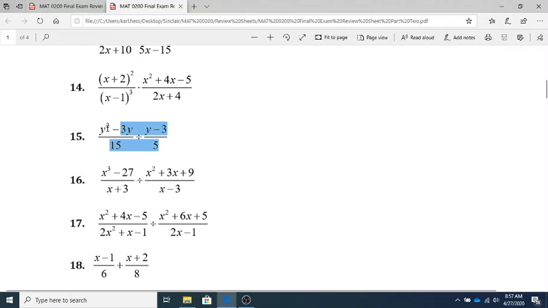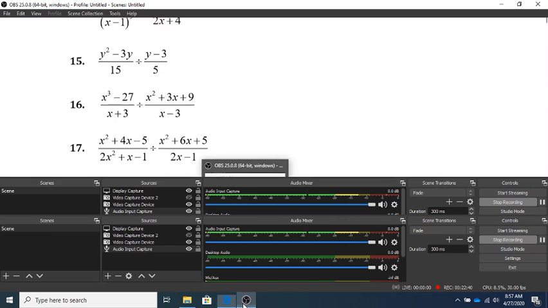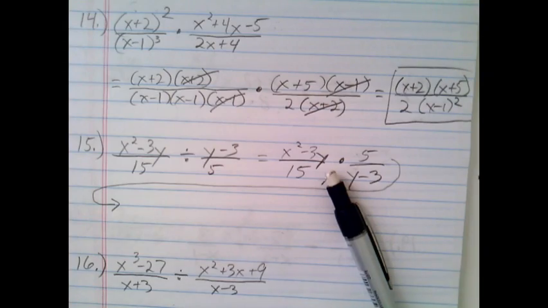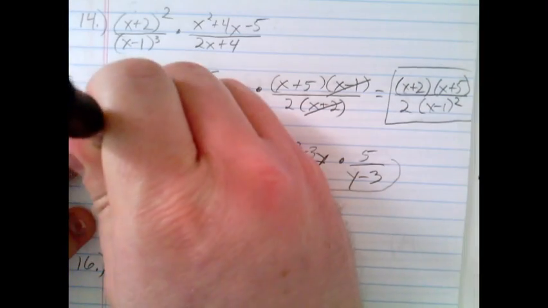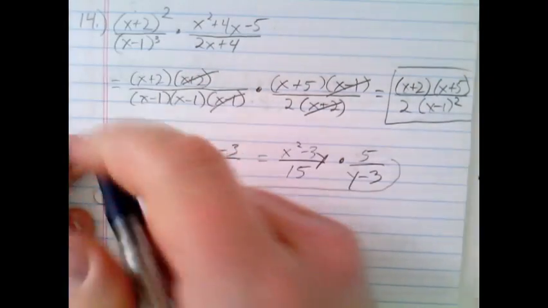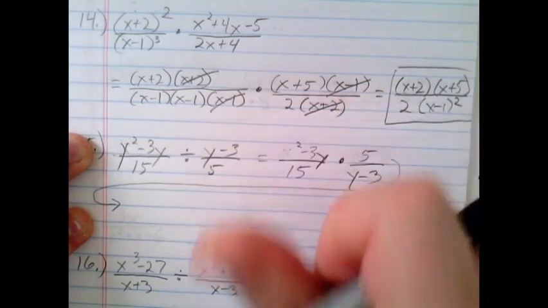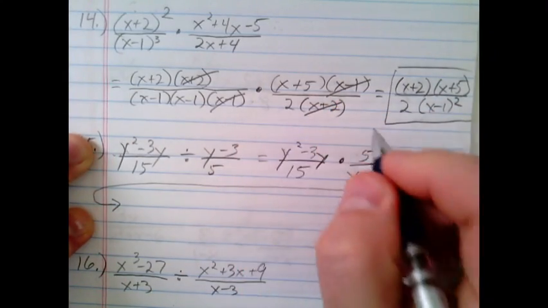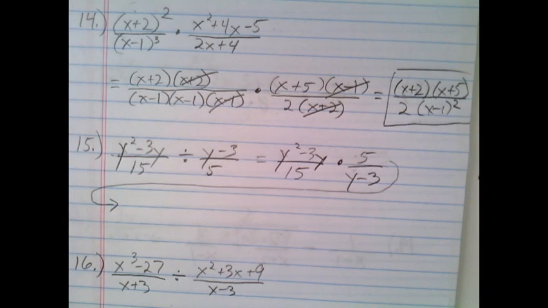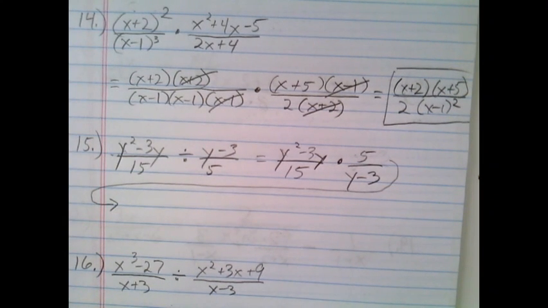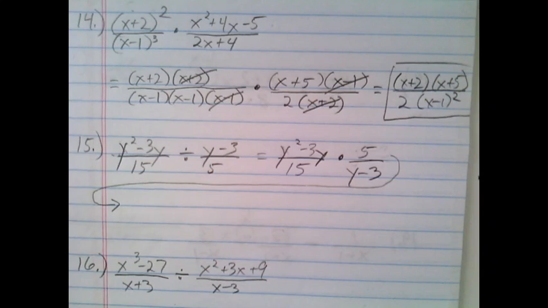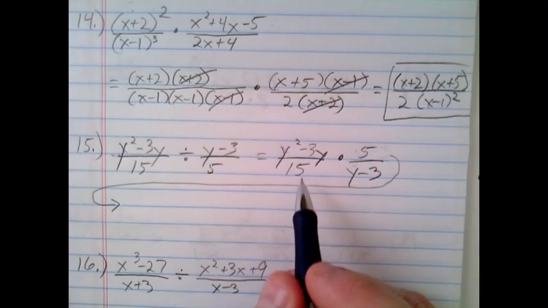It was supposed to be y squared minus 3y. So let me fix that on my sheet. I knew something was wrong because nothing was going to cancel. Of course, nothing has to cancel, but since the point of these problems is to practice canceling, I kind of expected it to happen.